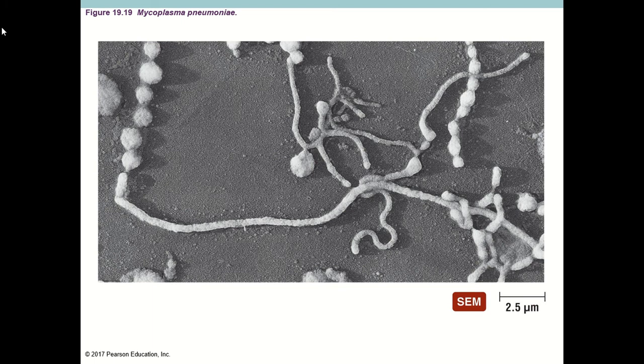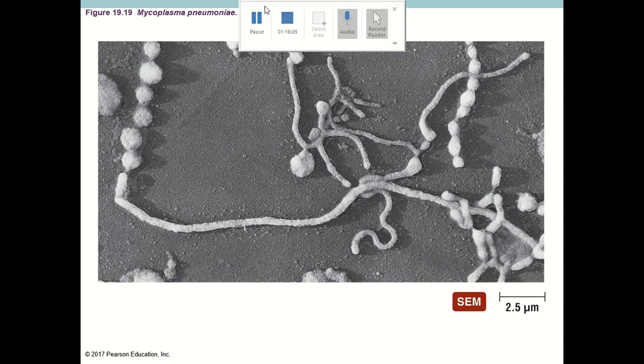Okay, so Mycoplasma likes to invade those cells. So if that does happen, then those cells are going to be prevented from producing as much mucus as they normally do, therefore allowing the bacterium to colonize, okay, and produce these colonies here.